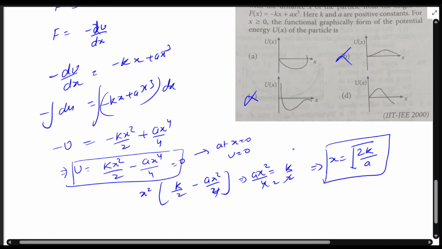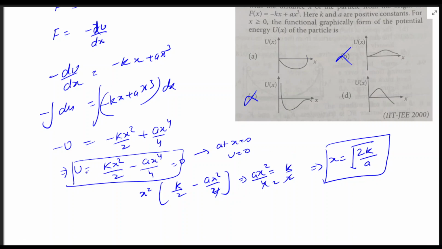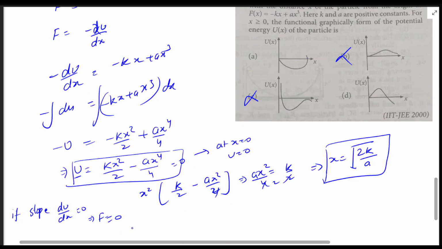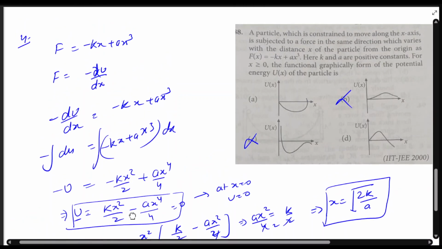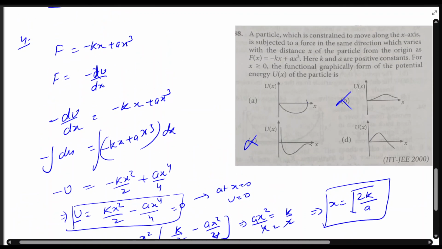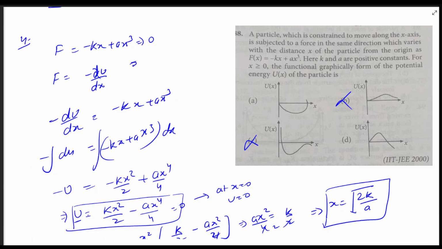Now, one thing we also know is that if the slope du by dx is 0, that means force is 0, right? So let's find that. If I put force 0, we can take x common, minus k plus ax square.